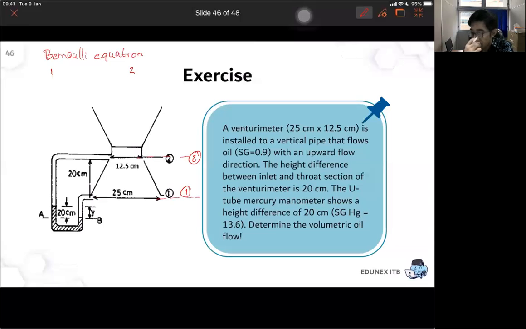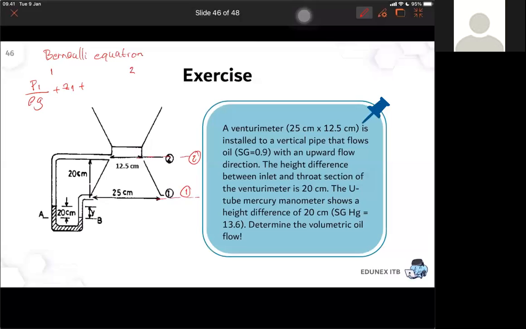And then, do you still remember the components of the Bernoulli equation? Potential energy, kinetic energy, and pressure energy, sir. Yeah, in formula, if you want to do it in your head, for example, P1 divided by rho g plus v1 squared over 2g plus Z1, equals the same at point 2.